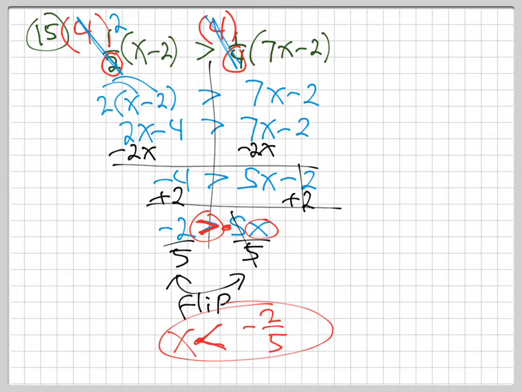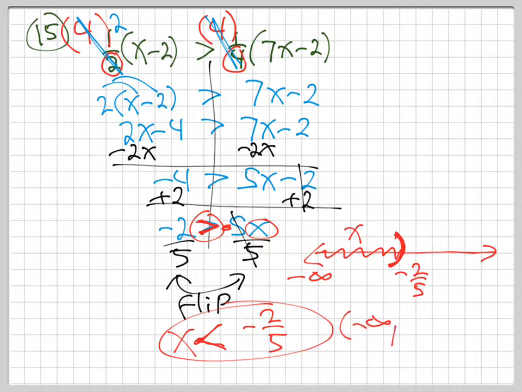Now, how do you write that as an interval? Well, if you put it on a number line, you don't have to, but it might help. Minus 2/5. X is less than negative 2/5, so it's to the left of negative 2/5. That's where the lesser things go. So it's from negative infinity to negative 2/5. Parenthesis, right?